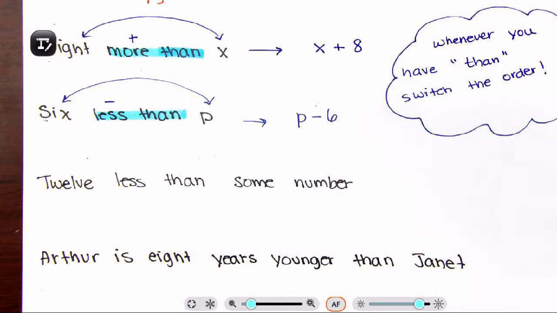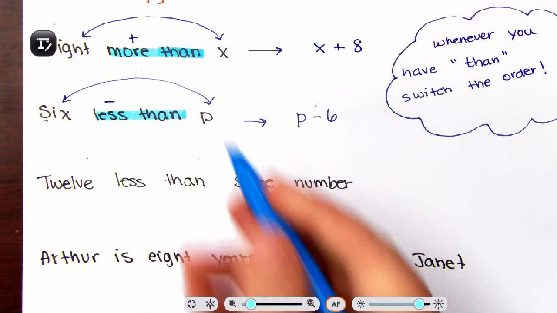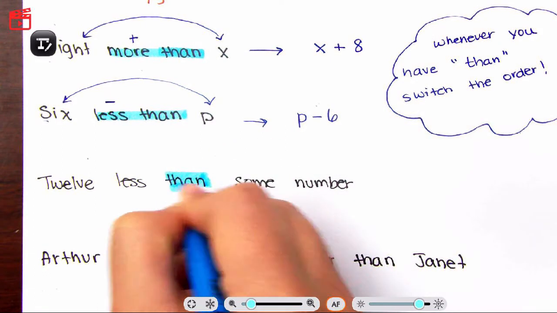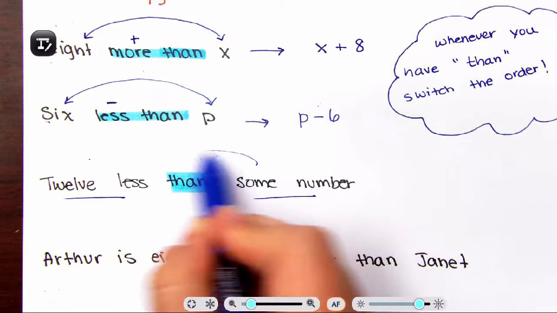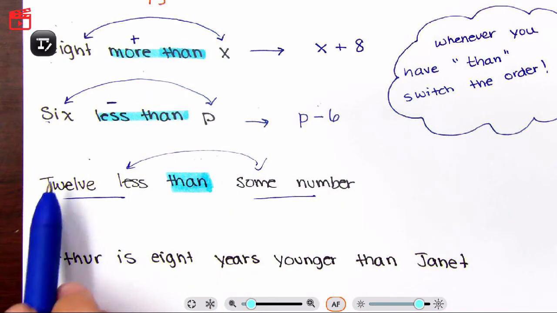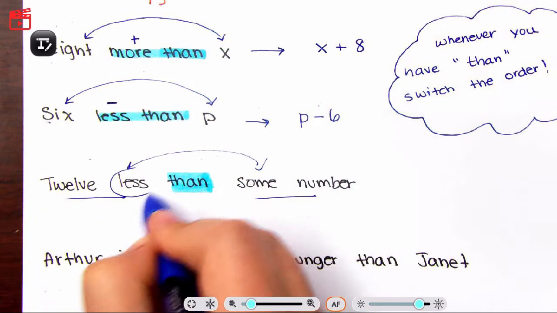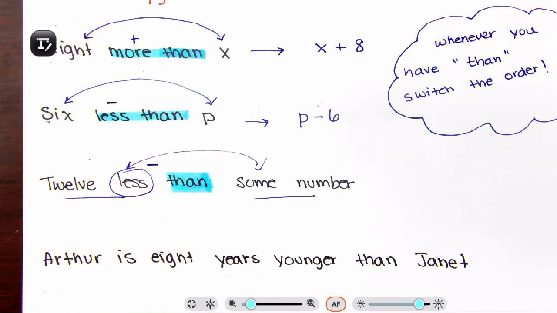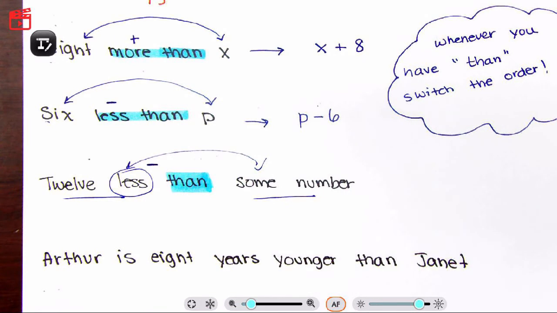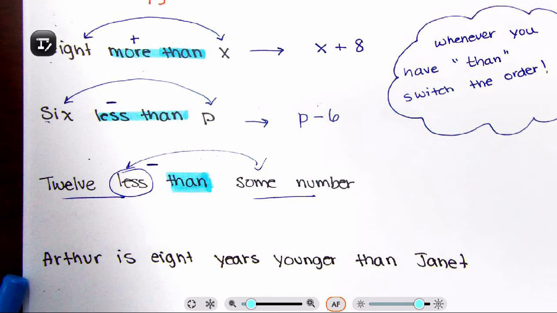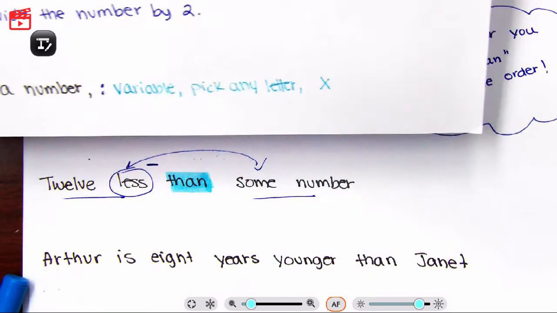All right, I see than again, red flag, than. So we know that these two are going to switch order. 12 less, I know what less is. Less means minus. Than means you switch the order. Some number, again, what is some number? If we're looking at our cheat sheet, some number just says pick any letter.